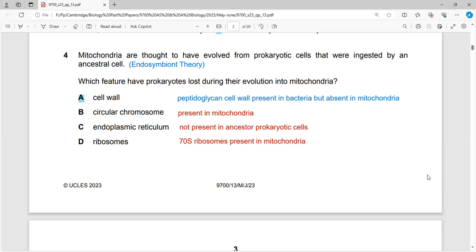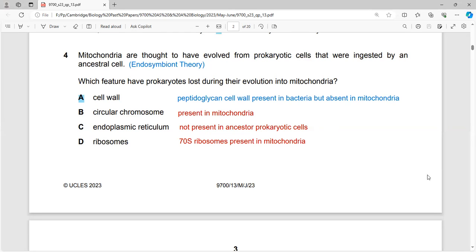Which feature have prokaryotes lost during their evolution into the mitochondria? What feature was present in the ancestor bacteria but is not present in mitochondria now? For example, the cell wall is present in the form of peptidoglycan in current bacteria, but this cell wall is not present in mitochondria. So that's why this character has been lost.